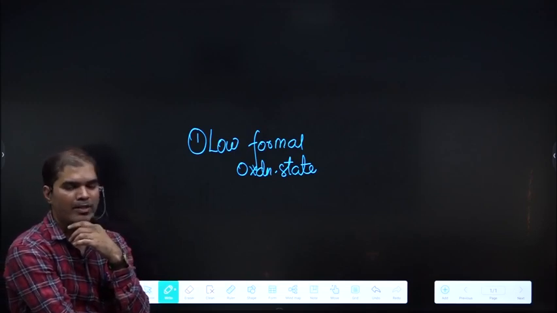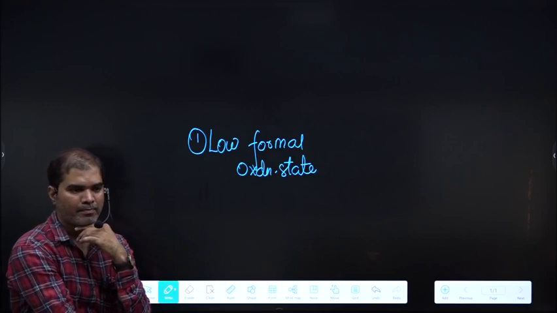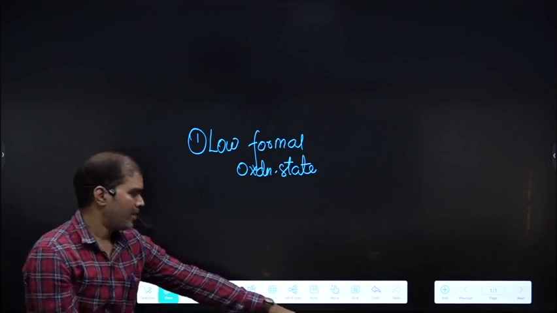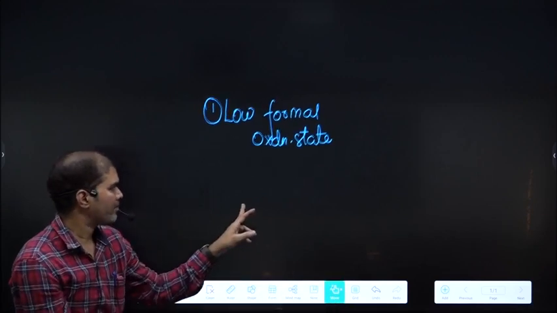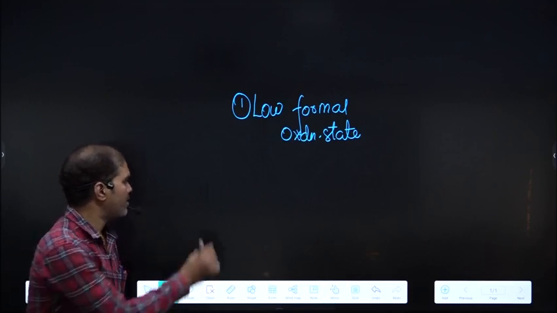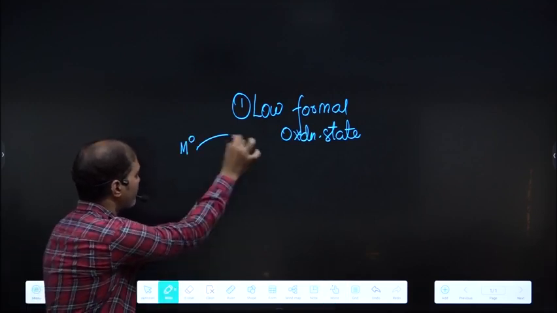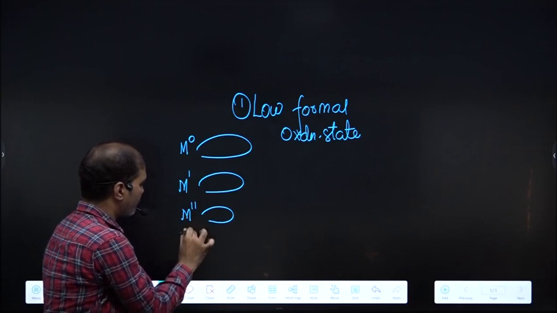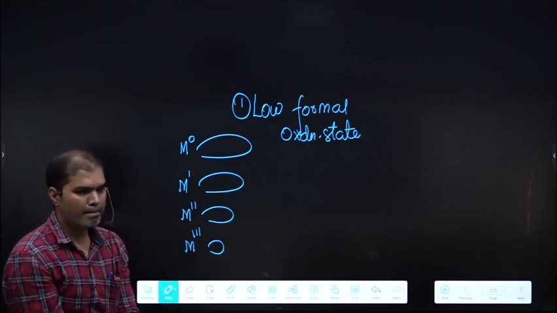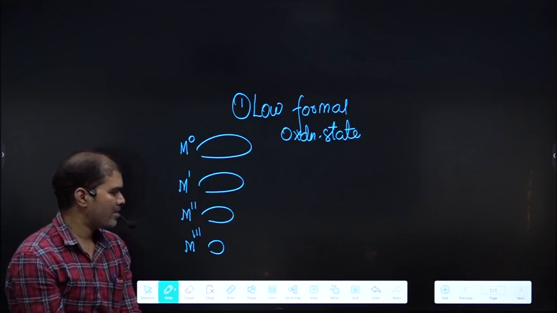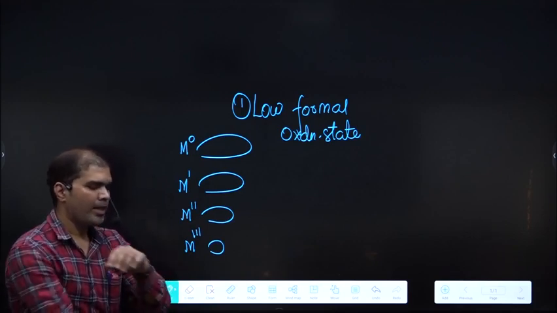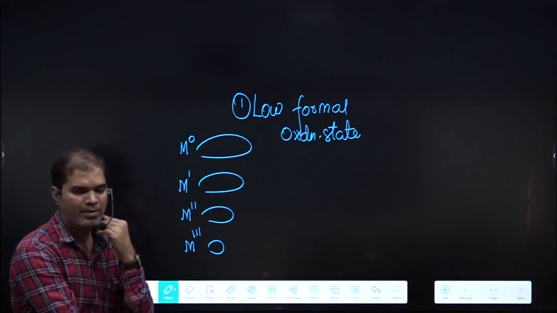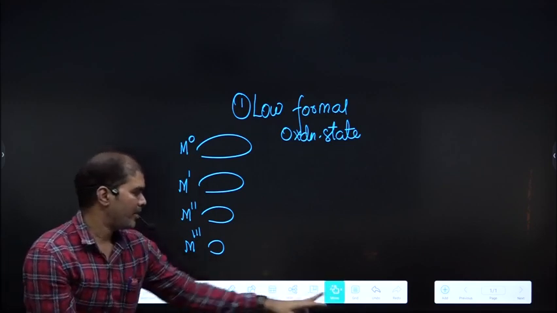size of the orbital, what will happen to the size of the orbital? Charge increases, size of the orbital decreases. Therefore, overlapping decreases and stability also decreases.